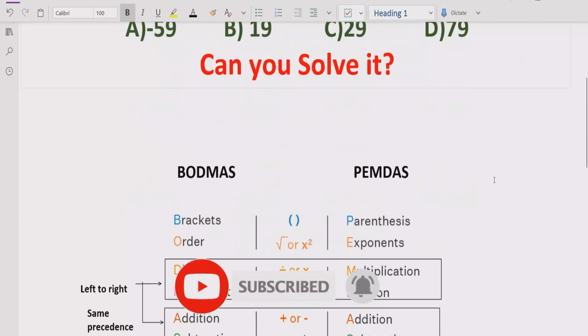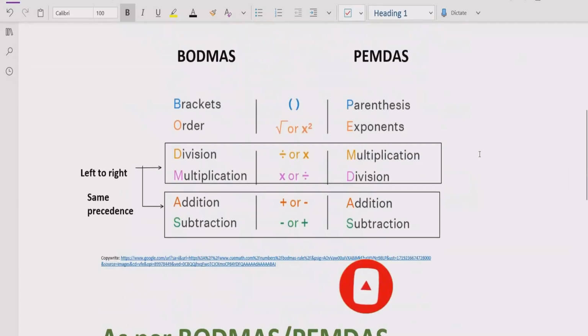Now, let's talk about what are the rules which we can follow to solve the given expression. As you can see on the screen, we will discuss here two rules, BODMAS and PEMDAS. These rules we can apply to solve any arithmetic expression. And if we talk about the rule, so rule says B for bracket.